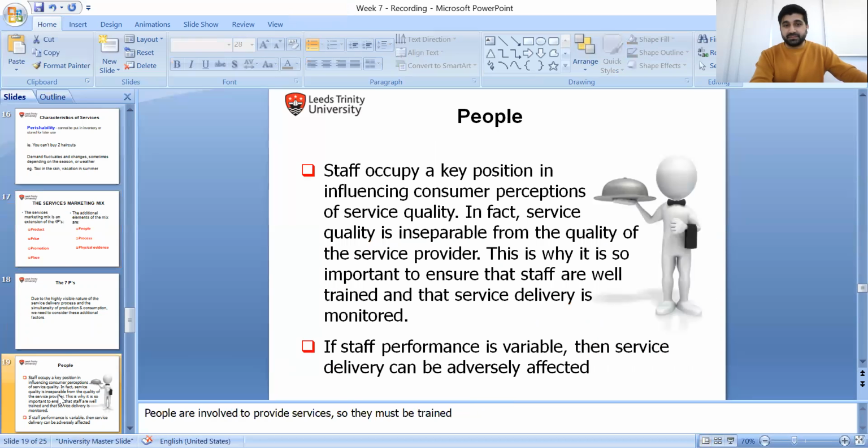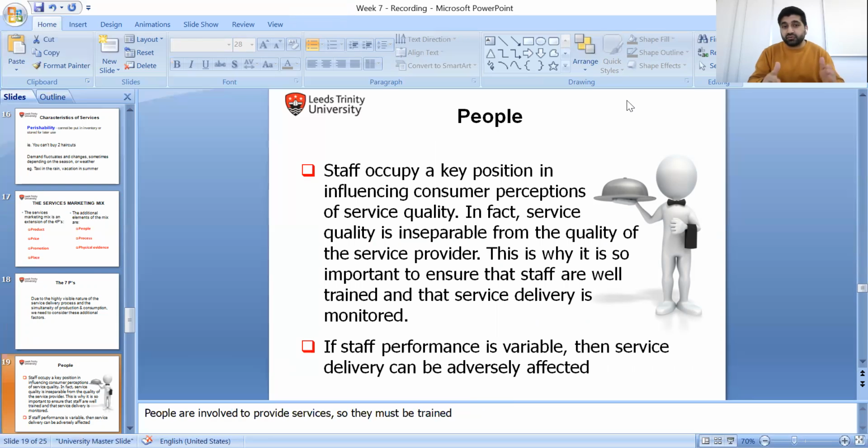first the people. So people, the staff, occupy a key position in influencing consumer perceptions of service quality. The people involved in providing services must be trained, as I said in the last slides.